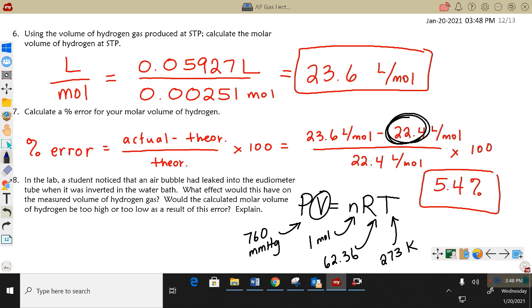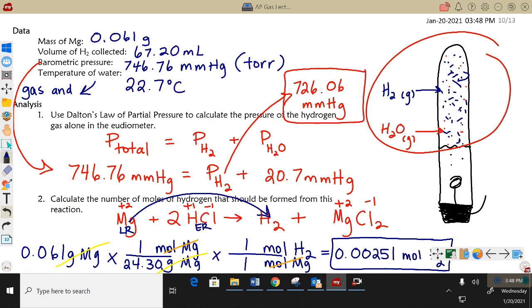Okay, so I've got an air pocket. It might be something like this. Maybe I thought that this volume in here measured to be, I think ours was close to 67. Let's say we measured 67. But what if there was a little air bubble in there? What if, up at the top, I have a little air pocket? And so I thought that I had 67 milliliters of hydrogen.